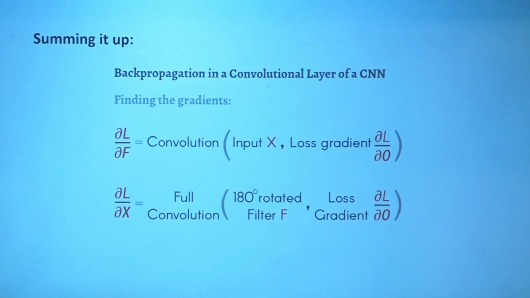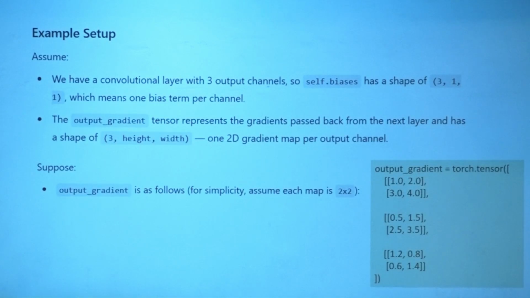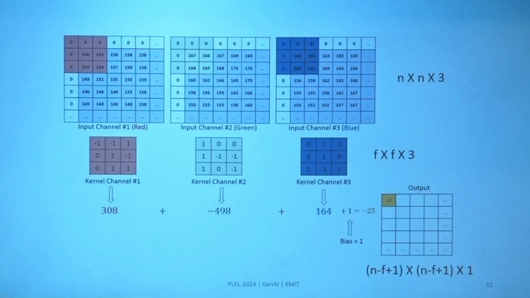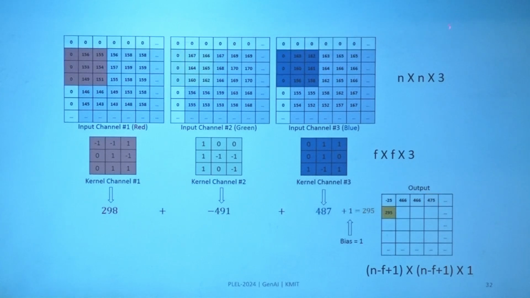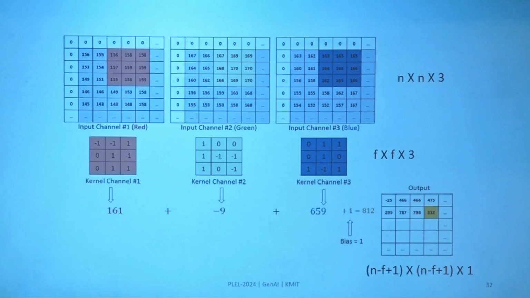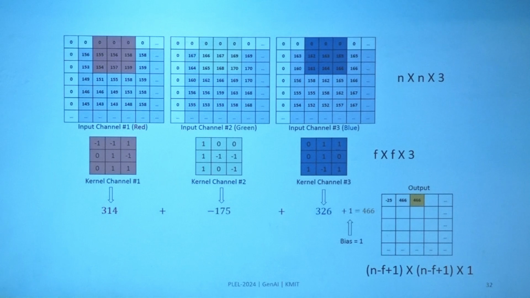Let me help you calculate the bias gradient also, so that I will take you to the code part. How will the bias gradient be calculated? I present it in front of you as an example case. See, this picture I showed in the last session also, you just try to get it here. During this convolution operation of 3 channels, for every output channel, nothing but the depth, for every input channel it will perform the convolution operation.